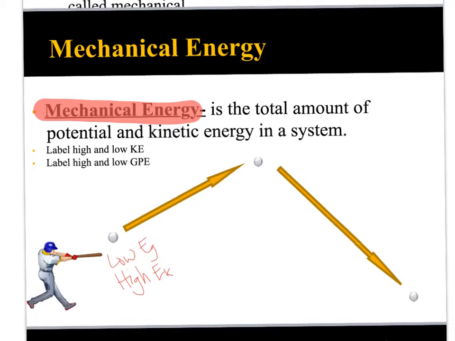And then up here, as the ball goes high, it has a high amount of gravitational potential, and the kinetic energy is starting to dip down a little. That's going to be at its lowest point. And then as it falls back down to Earth, the gravitational potential energy starts to go lower, but all that gravitational energy is simply converting back into kinetic.